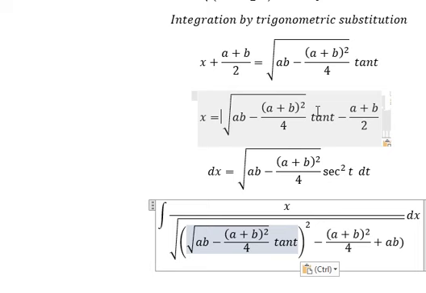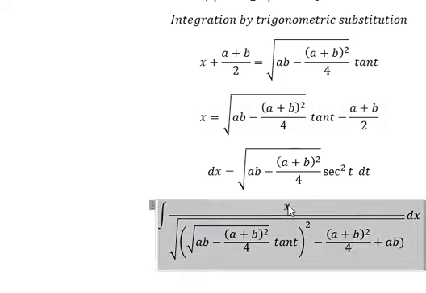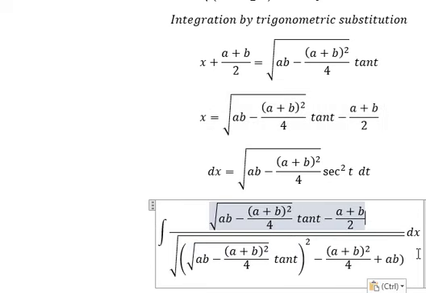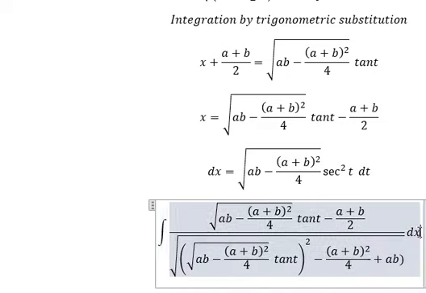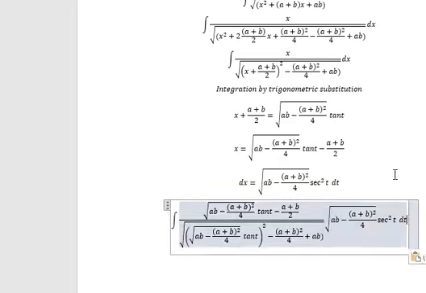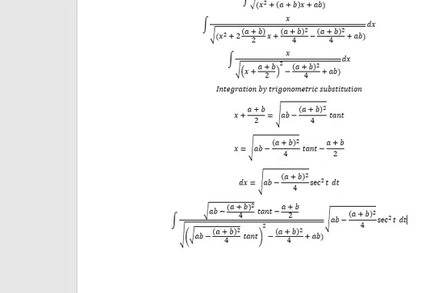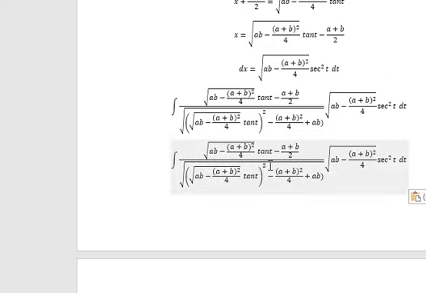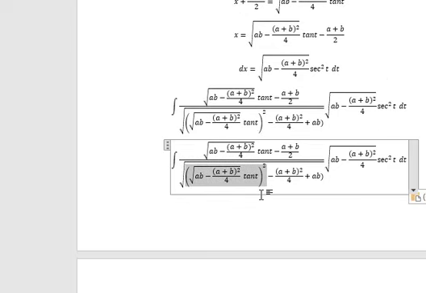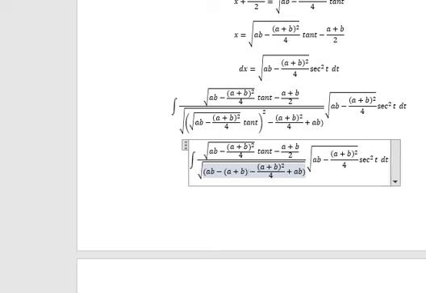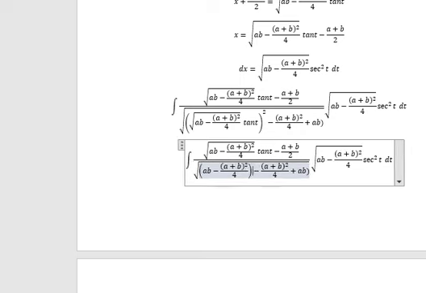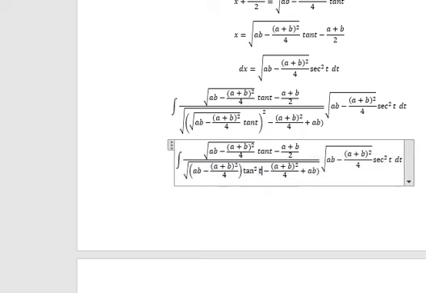S, that is this one. ds, that is this one. So we need to simplify it. And this one we have ab minus a plus b, everything to the power of 2 over 4, and we have tan squared t.